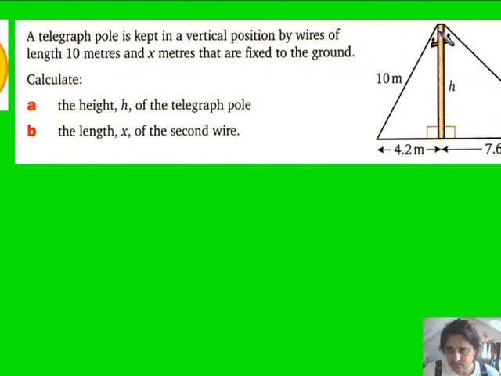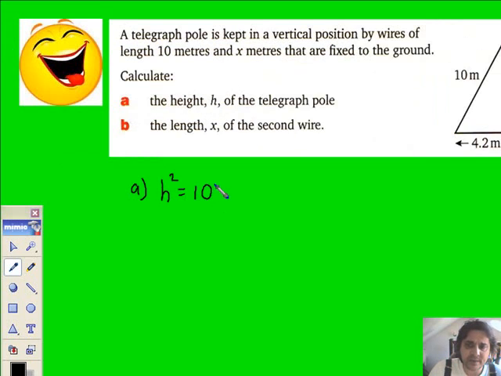What have we got? We've got the hypotenuse, 10. We've got the short side, 4.2. And the height of the pole, H. We're working out a small side. So here we go. Doing A first. H squared is 10 squared minus 4.2 squared. That's going to be roughly 100. And what's 4.2 squared? 17.64. Subtract.